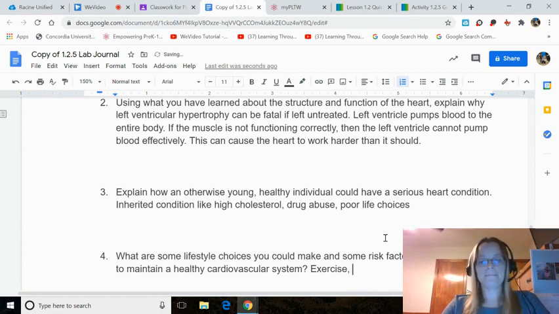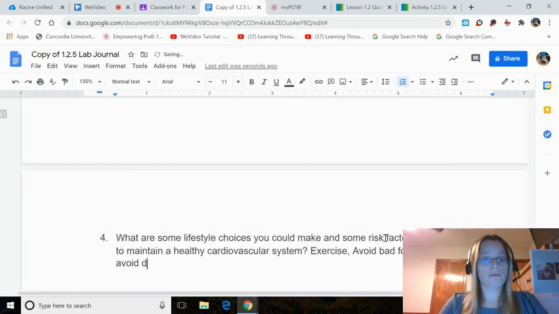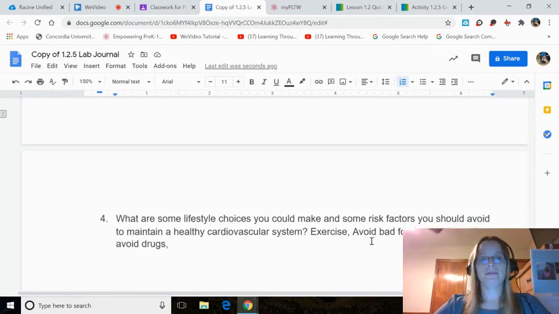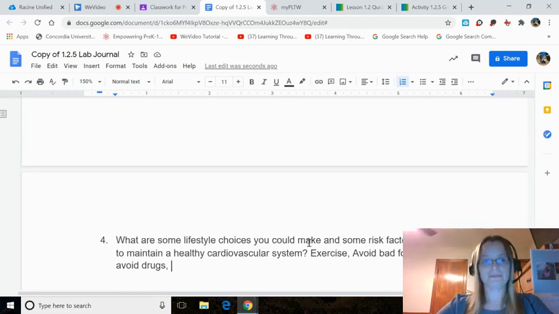Risk factors you should avoid: avoid bad foods, avoid smoking, avoid drugs. Just say no, kids. And you can think of some other things there too. I'm sure you can. You guys are smart and on it. So I'm going to leave it at that.